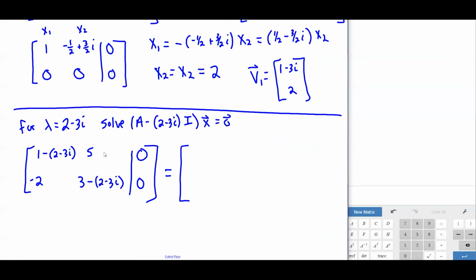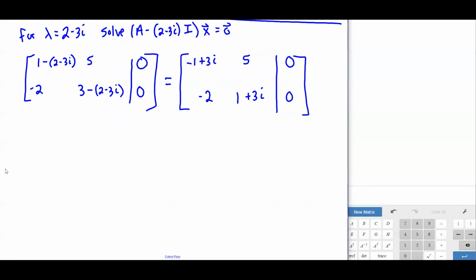So let's simplify. So 1 minus 2 is negative 1. Minus negative 3i will be plus 3i. Very similar to what we got last time. Negative 2, and then 3 minus 2 is 1, and then plus 3i. Okay. So we're going to do something very similar here.